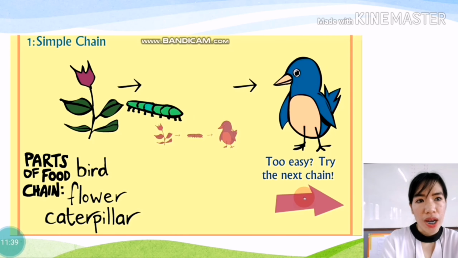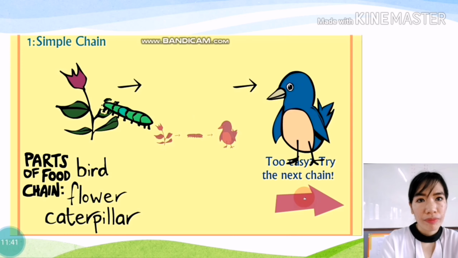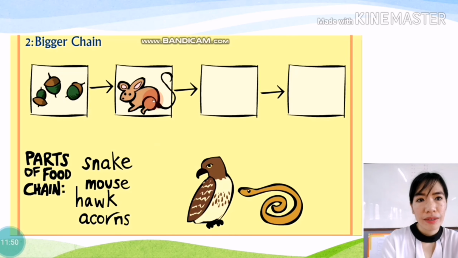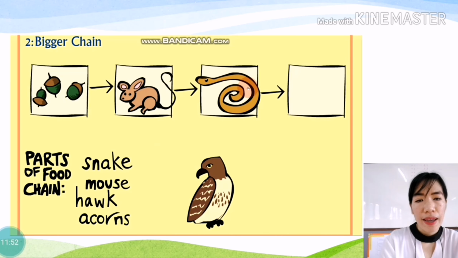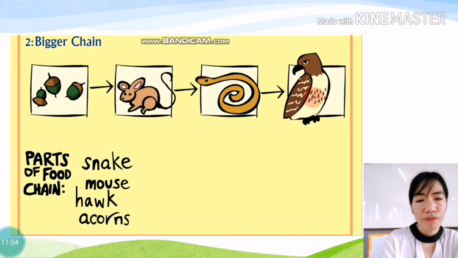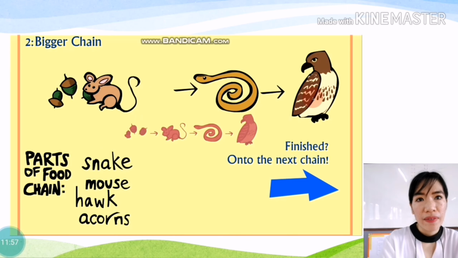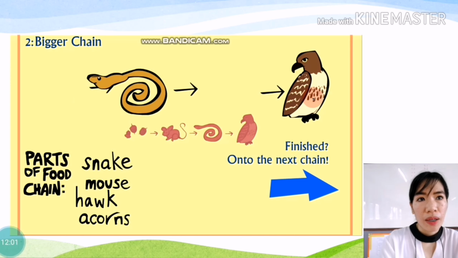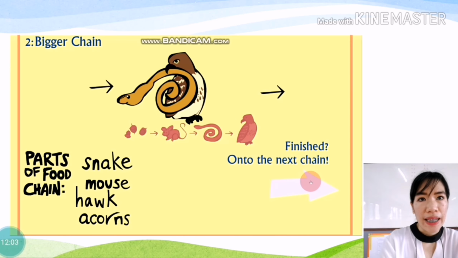Try the next chain. A bigger chain. We have the acorns, mouse, snake, and hawk. Very good. You got it right again. Now the hawk will eat the snake.